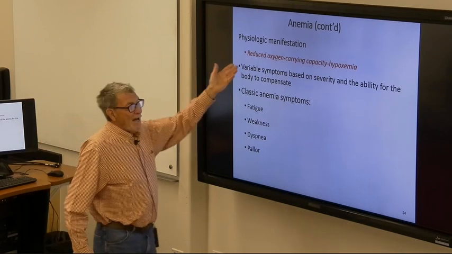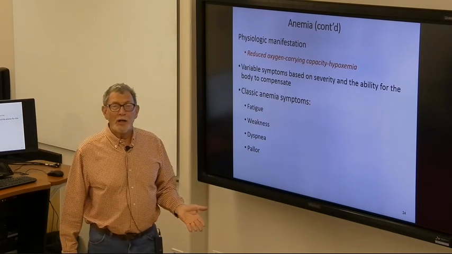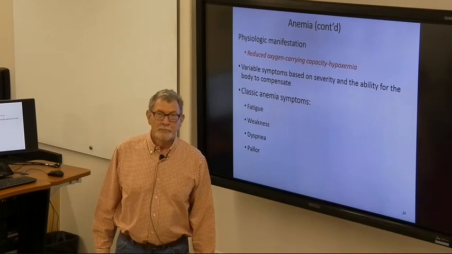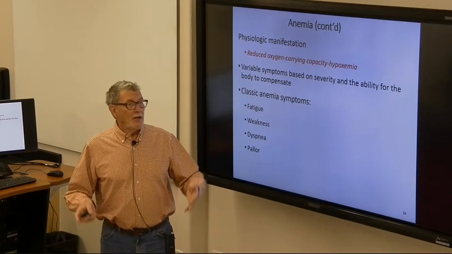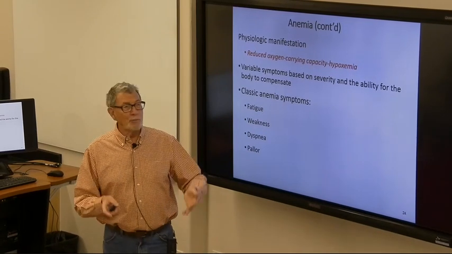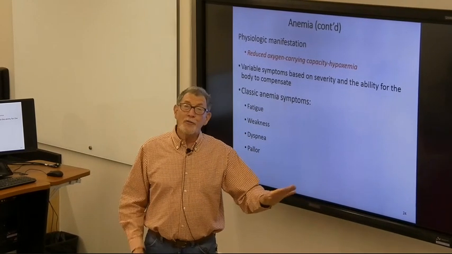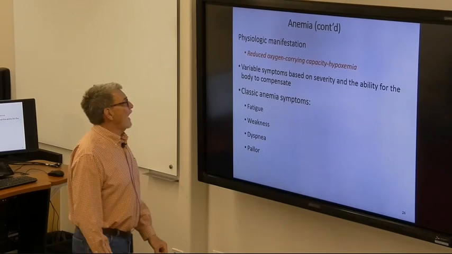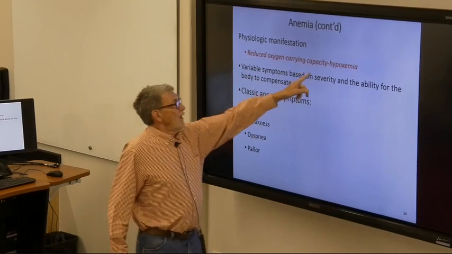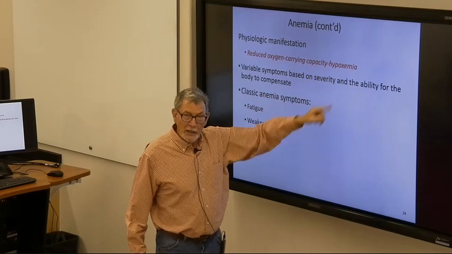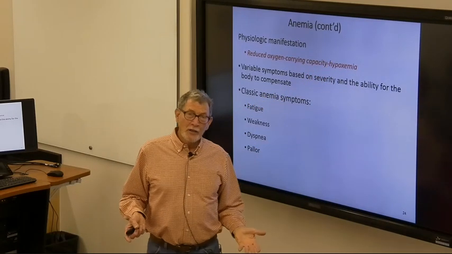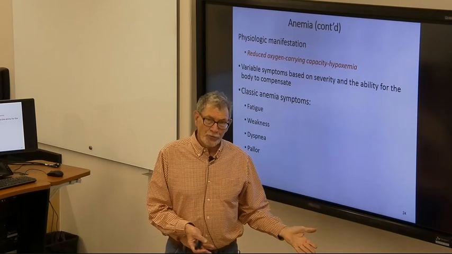And so what really happens ultimately is you don't transport oxygen well enough. If you don't have enough hemoglobin, if you don't have enough cells, if the cells are the wrong size, they can't go through blood vessels, one way or another, you're not carrying enough oxygen. Hypoxemia means not enough oxygen in the blood. Hypoxia means you don't have enough in the tissues.